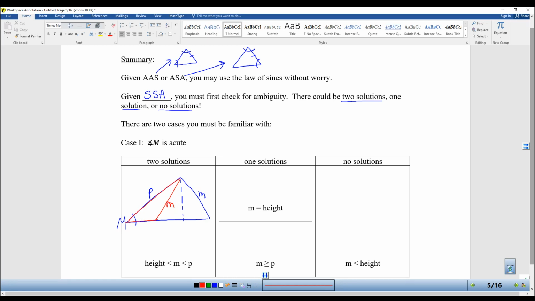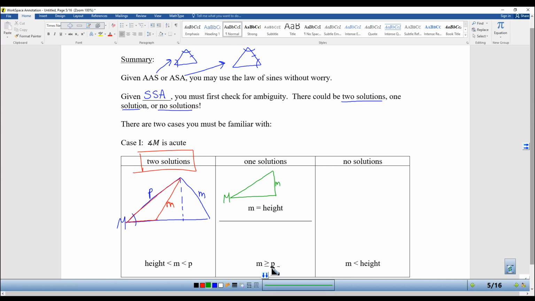And people just generally don't think to draw it that way. This is the two solution case, one in blue, one in red. One solution would be if the height was exactly equal to M. So I always think of this as swinging either way. This M could go there, or this M could go there. But if M actually just is exactly the height, then that's going to have just one solution.